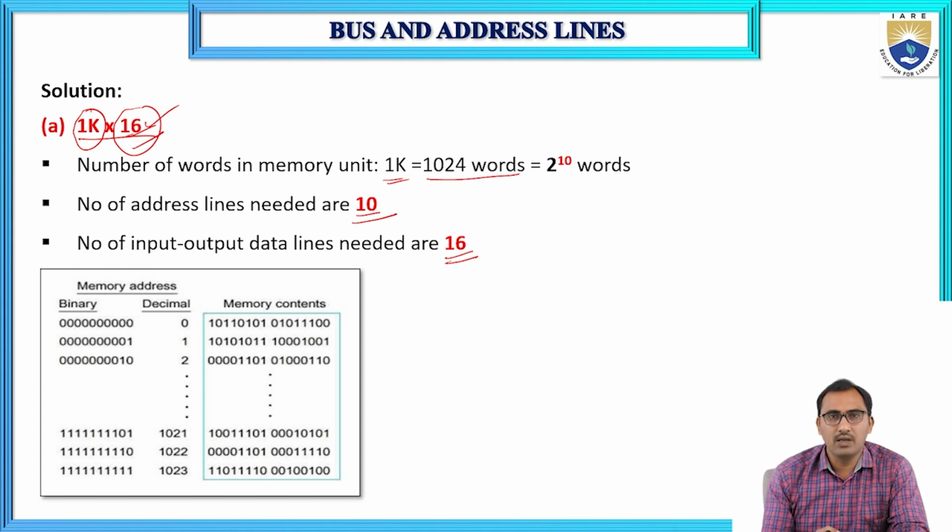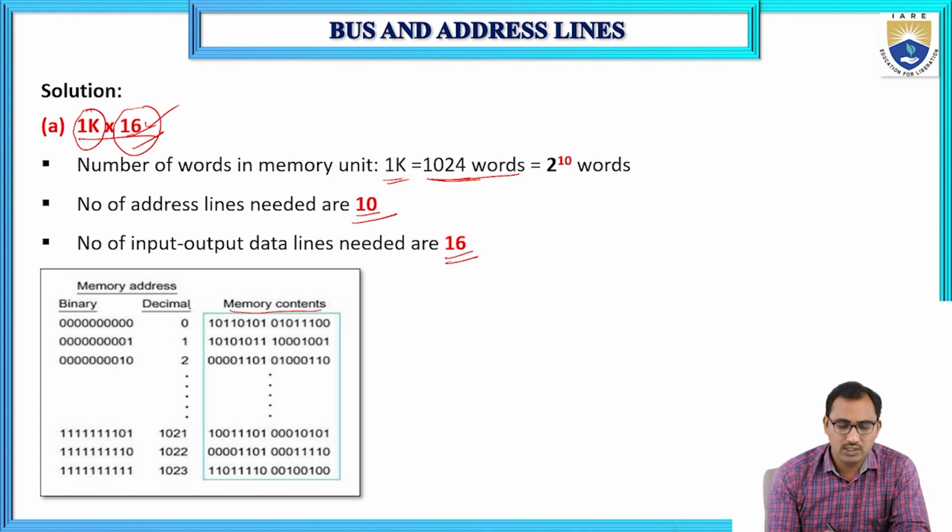So this is the memory, and these are the memory contents. How many memory locations are there? 1024. The memory locations always start with 0. This is decimal notation, so 0 to 1023, because the last memory location is n minus 1, where n is 1024.